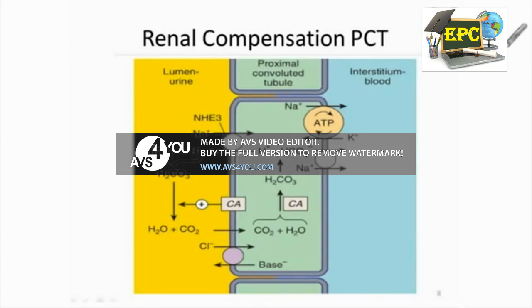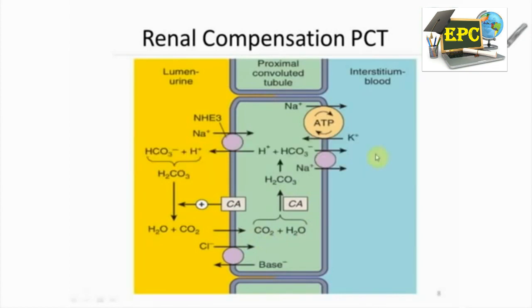Because we need the hydrogen ion to bind with the bicarbonate, and through carbonic anhydrase it will give us CO2 and water. We turn these into CO2 and water because CO2 and water can diffuse easily into the cells. So basically, with each bicarbonate we put into the cell, we release another bicarbonate into the blood. So we just reabsorbed the bicarbonate.